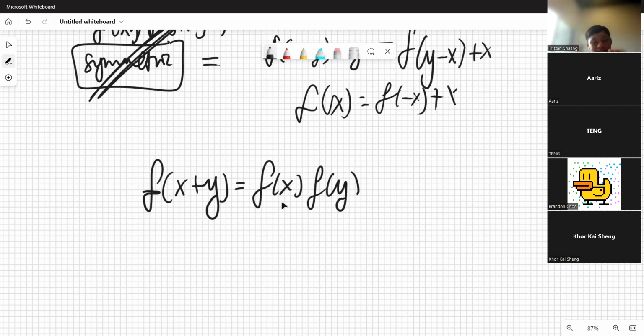So how do we force the product of two terms to suddenly become the sum of two terms by applying some kind of operation to it? We need to define a new function, right? Yep, and how would you define the new function?